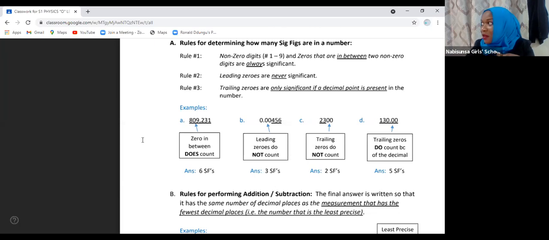So you should only count those zeros if they are trailing, at the right-hand side, coming after non-zero digits, in the presence of a decimal point. There should be a decimal point, wherever the decimal point is. Hope I'm clear, Hanisha. Yes, teacher.